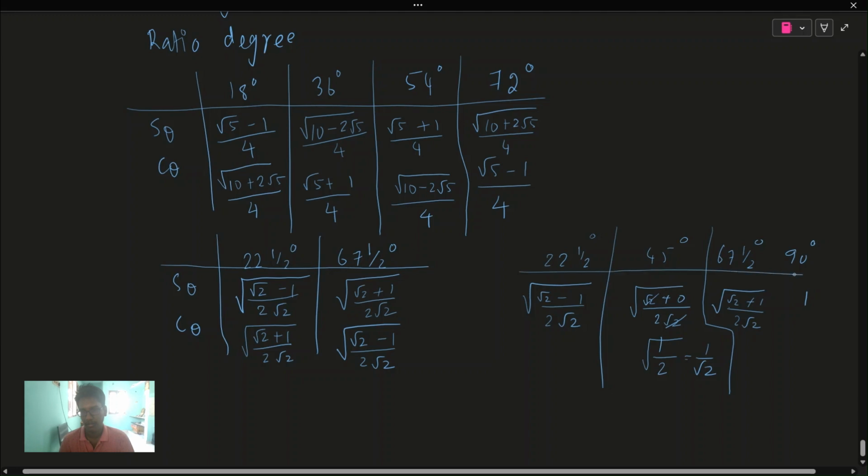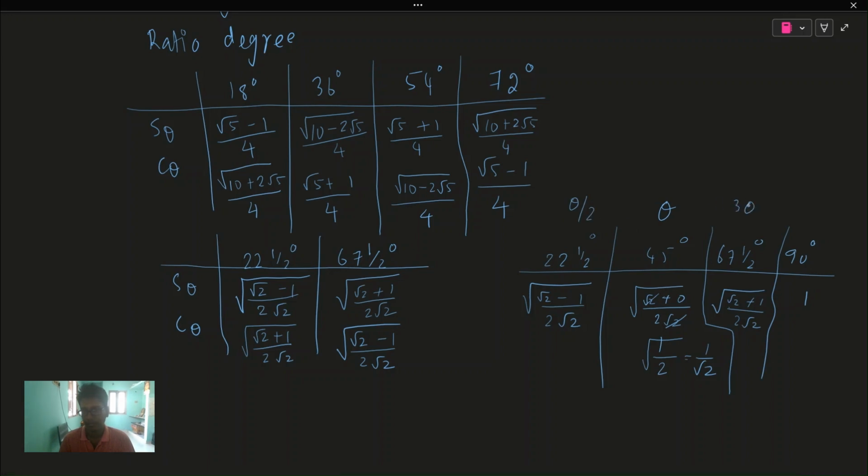So you could develop it as this is theta and theta by 2, and then 3 theta by 2. So in that way, you would adjust the identities and formulate the values, substitute the values, and end up getting any number of degree.